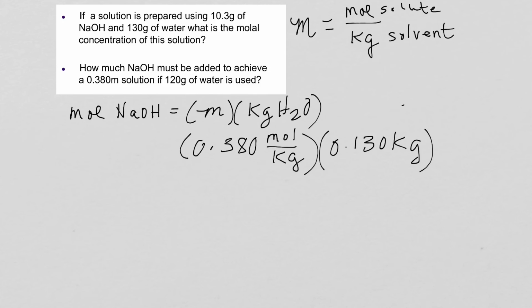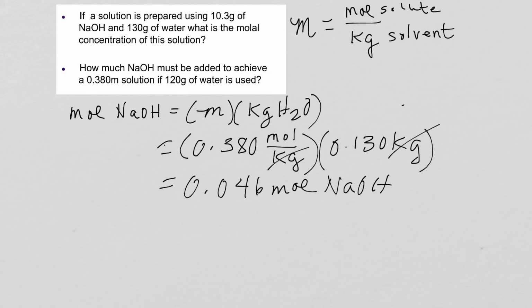Now you can see here, I turned my molality into moles per kilogram, and I turned the grams here that was given into kilograms. Kilograms cancel, and what I'm left with for an answer is 0.046 moles of NaOH.